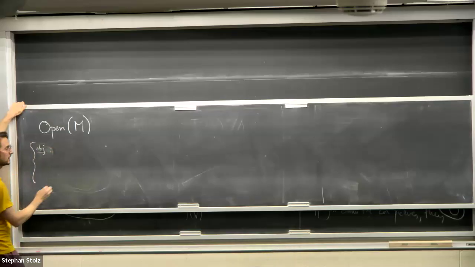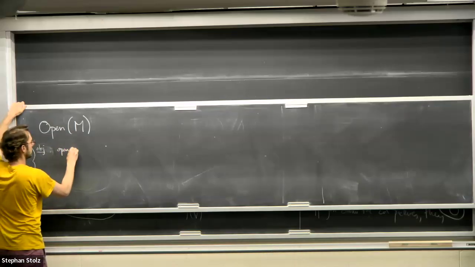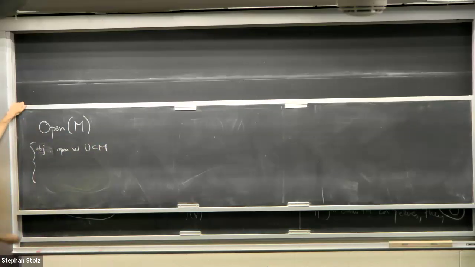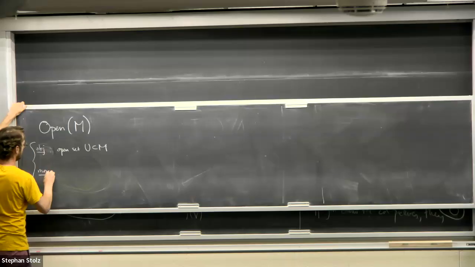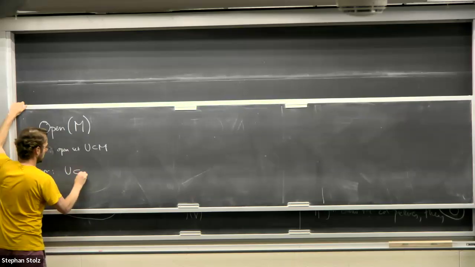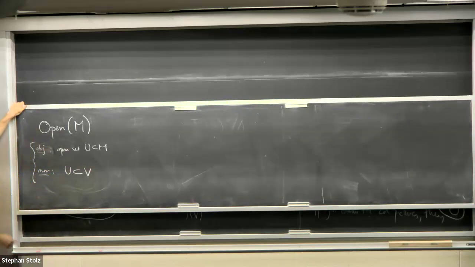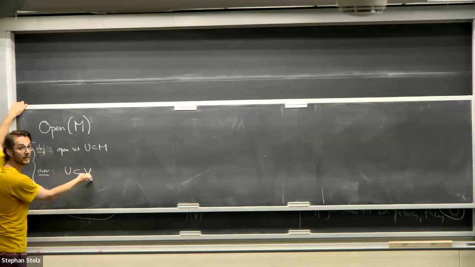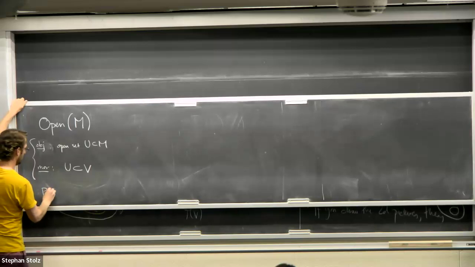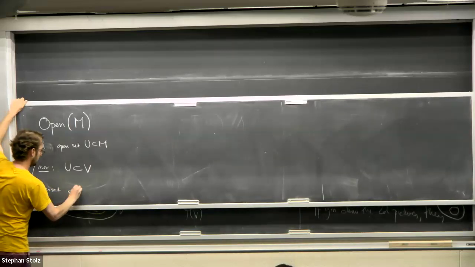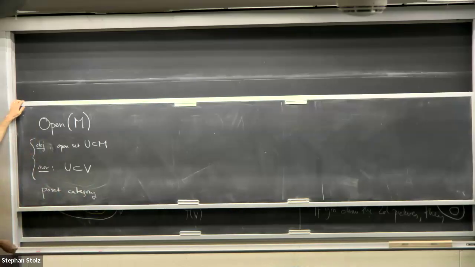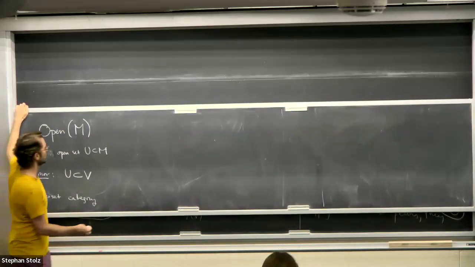An object is an open subset U inside of M. And a morphism is just given by inclusion. So U and V are both open sets, and there's a map from U to V if U is contained in V. So this is actually the category determined by the poset of opens, a poset category. Okay.